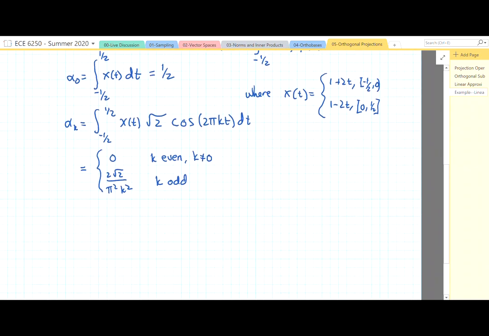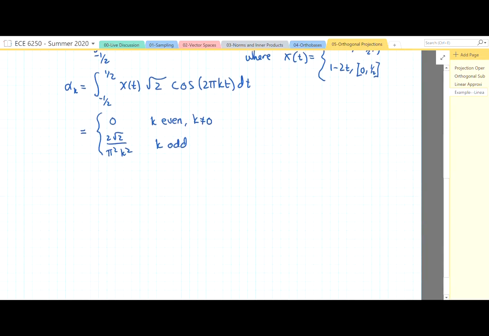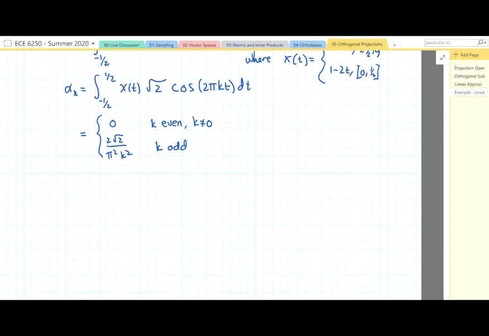Okay, so we can do some checks, if you like, just to make sure the math isn't letting us down at this point. And we can find the norm in both spaces, in time and in frequency.